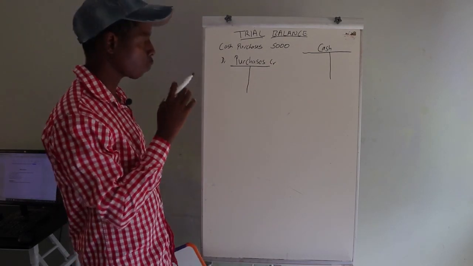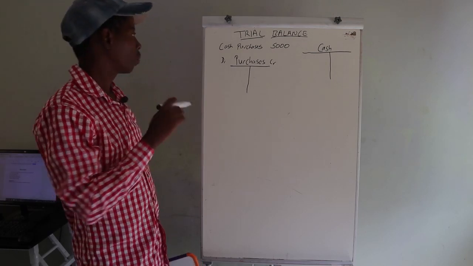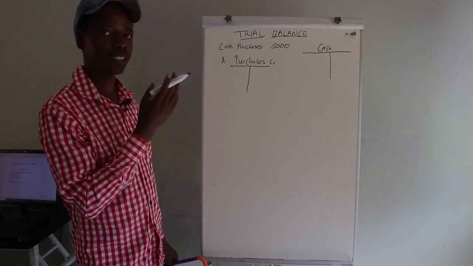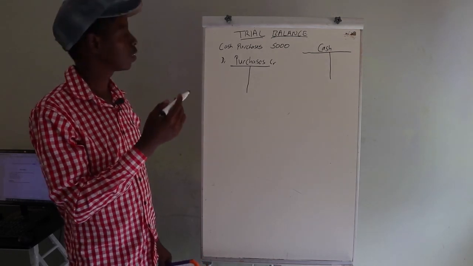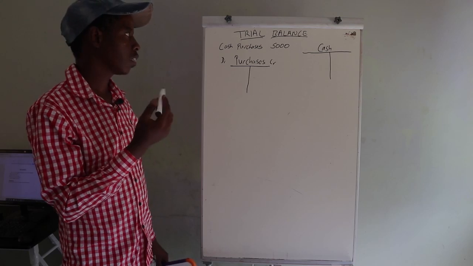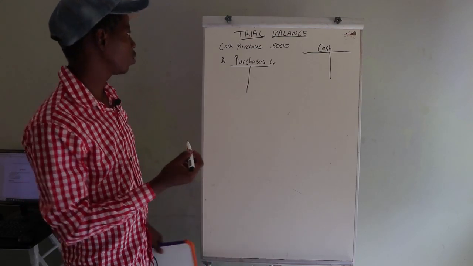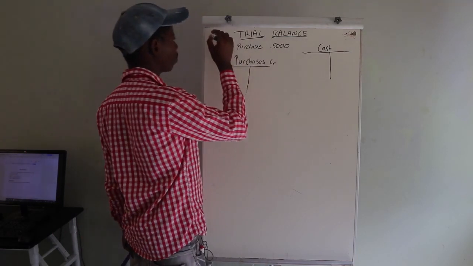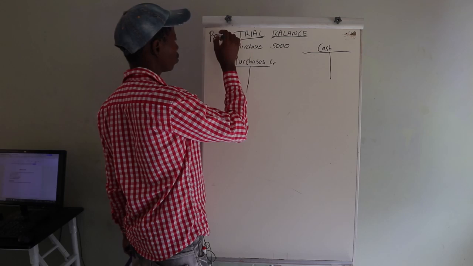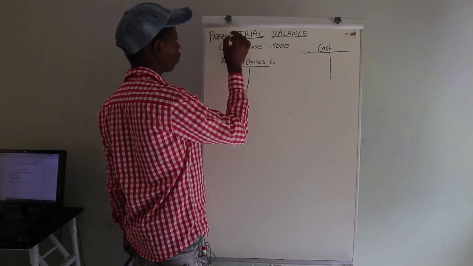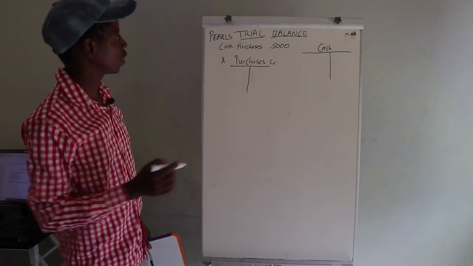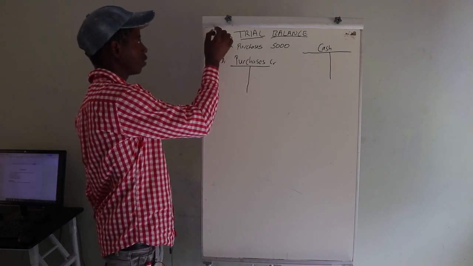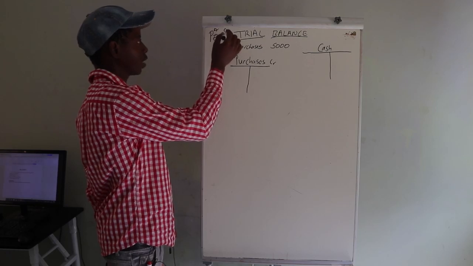So in order to place our figures there, we need to understand the treatment of our accounts. In accounting, we simply use the word PEARLS to remind us what we are supposed to do with each account. The first three, P, E, A, are for debit. The last three are for credit.